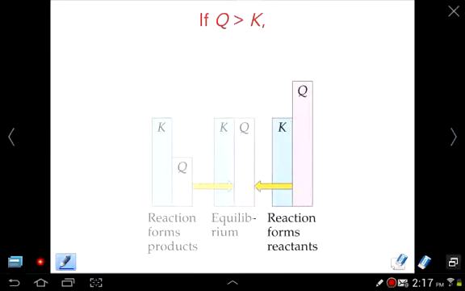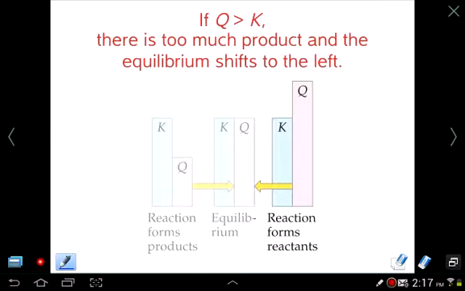If, on the other hand, Q is greater than K, then we have much more products than reactants, and the equilibrium will have to shift to the left to replenish some of the reactants. Remember, both Q and K are defined as products divided by reactants.